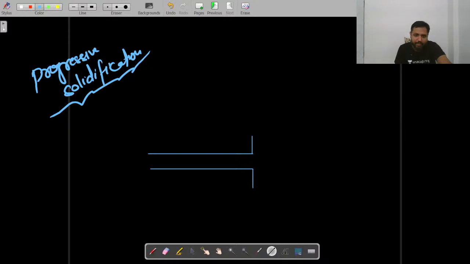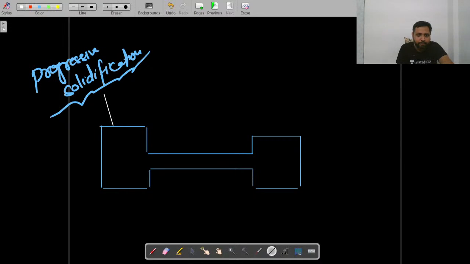The thick sections are provided with risers. Here there is a riser, here there is a riser.